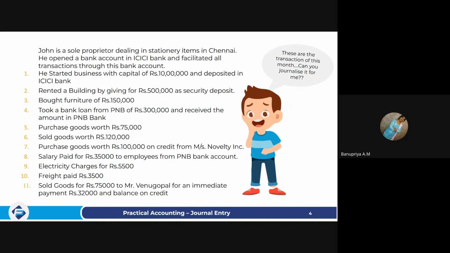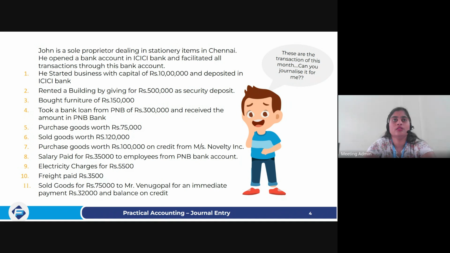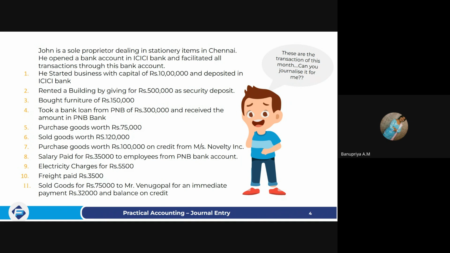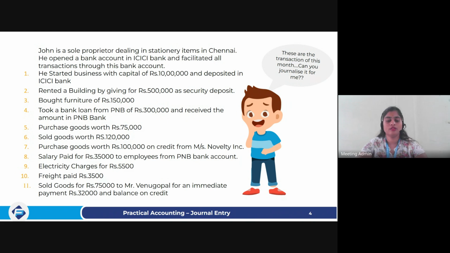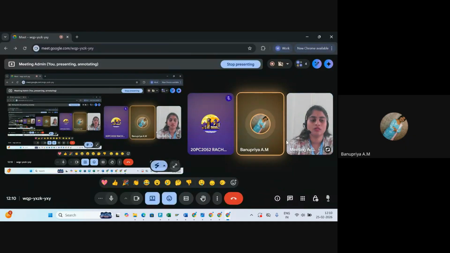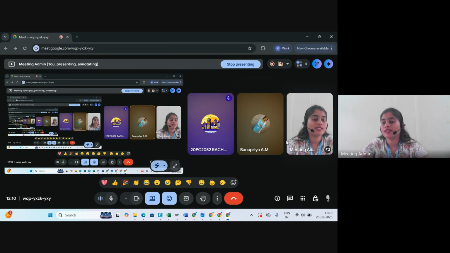Expenses and all debit, incomes and all credit. Your voice is breaking. Hello? Can you hear me? One word is getting lost. Expenses and all debit and incomes and all credit.